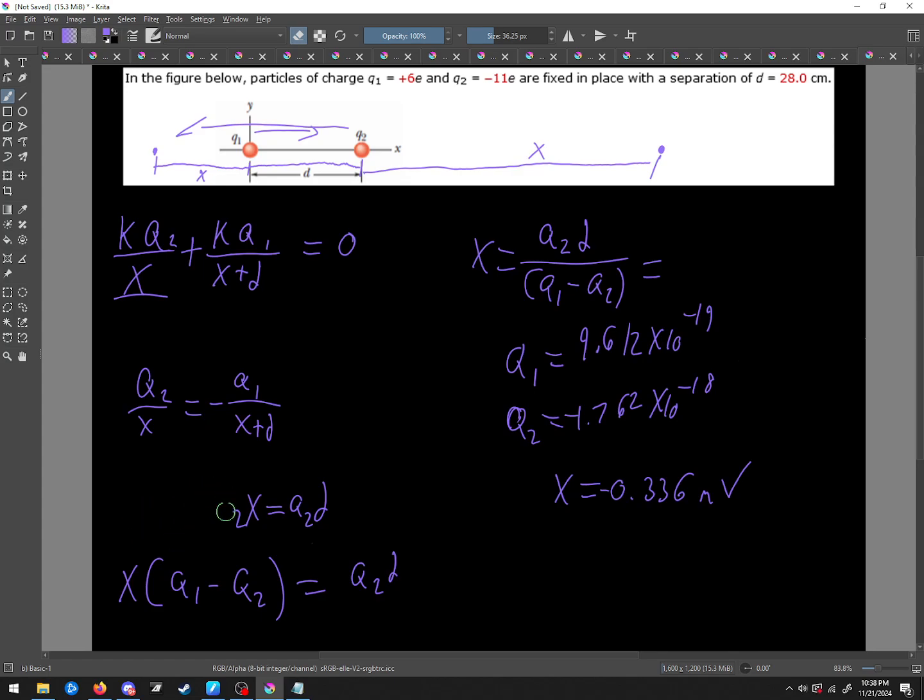Let me do this big old cross multiply again. That might be where I messed up. We're going to have Q1x equal to negative. Oh yeah, Q2. That's actually going to be plus, isn't it? Well, that didn't fix it. What the heck?